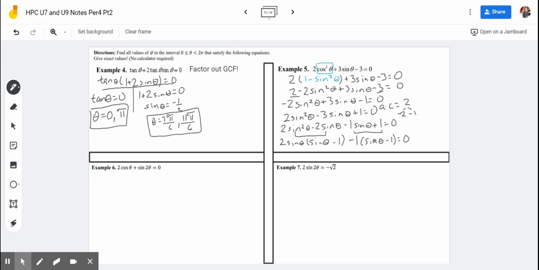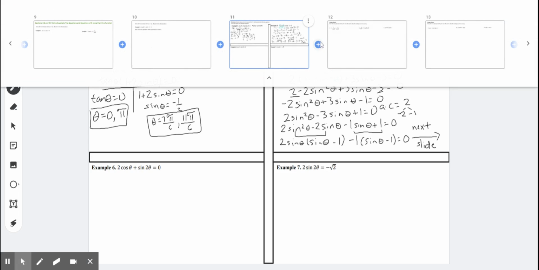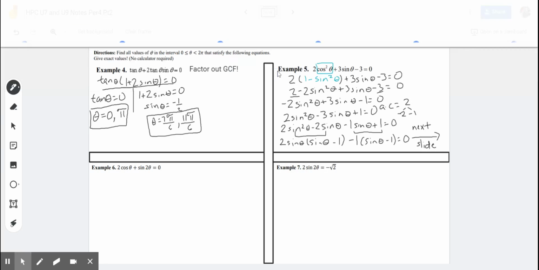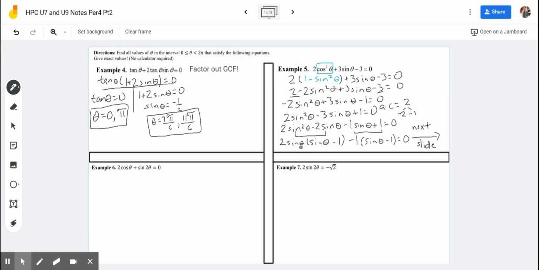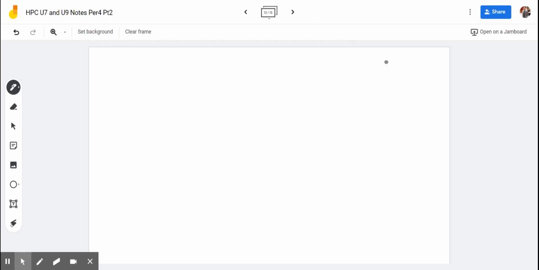Our two binomial terms. So I'm just going to insert a new slide here and continue this work on the next slide. So the 2 sine theta minus 1 times sine theta minus 1 equals 0. I'm going to factor out the sine theta. So this is example 5 continued.